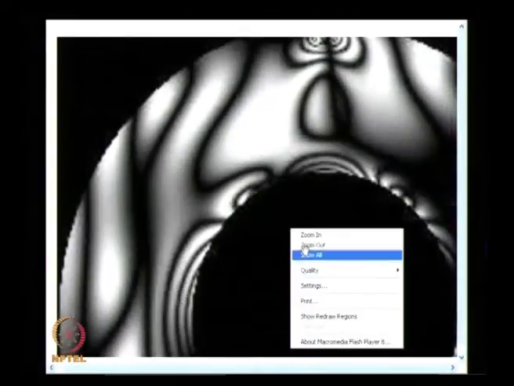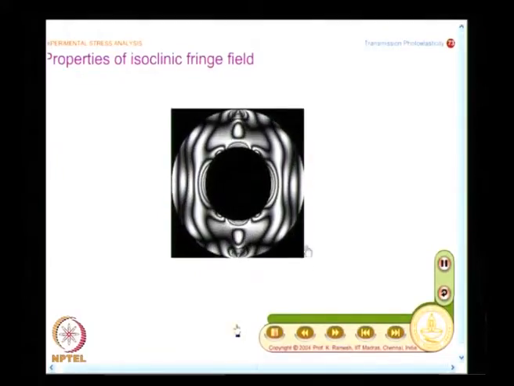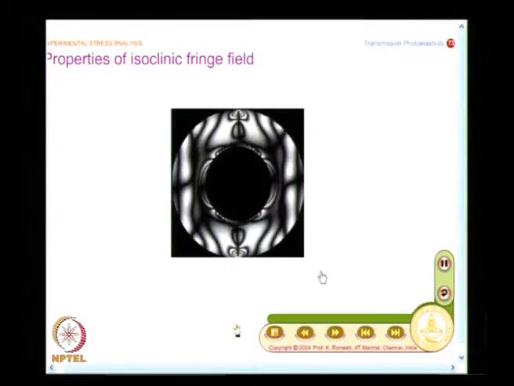When I rotate the polarizer analyzer combination, suppose I take a point like here, one isoclinic comes and goes, that is all. A particular isoclinic comes and goes at this point. On the other hand, you always have an isoclinic at this point. So, this itself gives you an indication how to identify the zeroth fringe order. You have an appreciation of that, we will see that in detail.